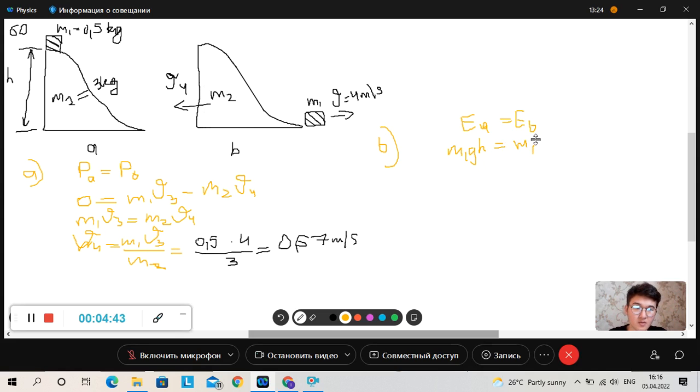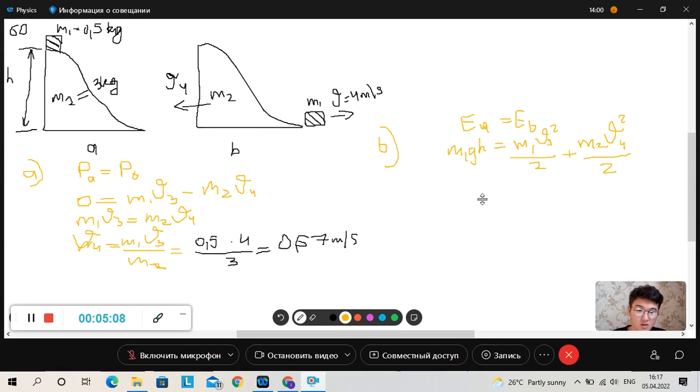So m1 g h is equal to m1 v squared divided by 2 plus m2 v4 squared divided by 2.